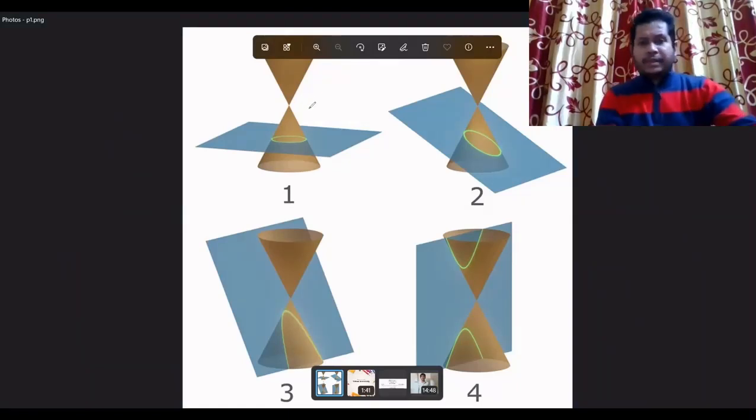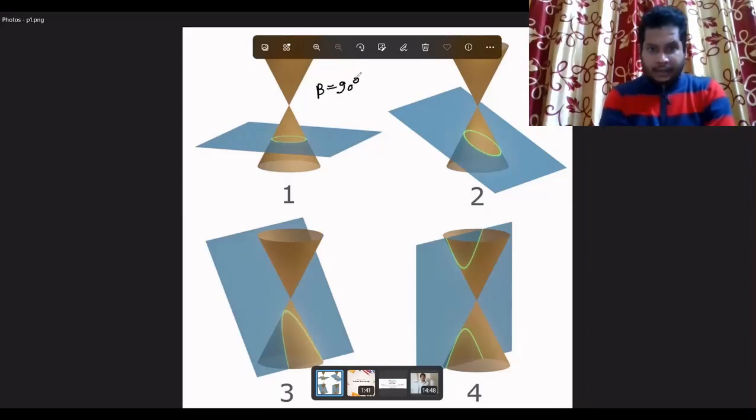Okay, so in the first case, it's when beta is equal to 90 degrees. You all can see that beta was the angle between the plane and the axis. So you can see that this axis is making 90 degrees with this intersecting plane. So that's why, if beta is equal to 90 degrees, then the section will be a circle.